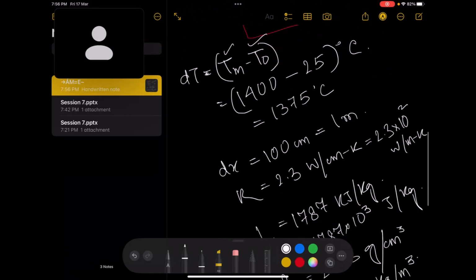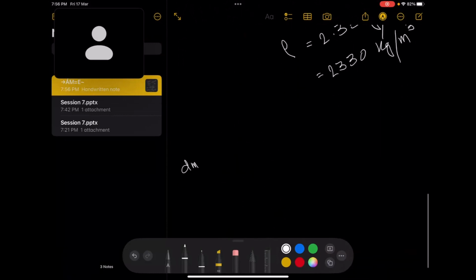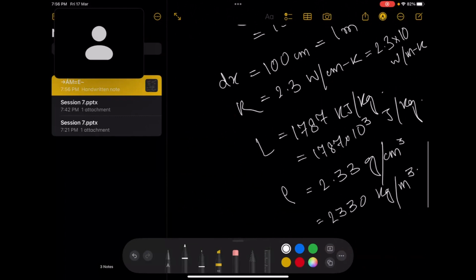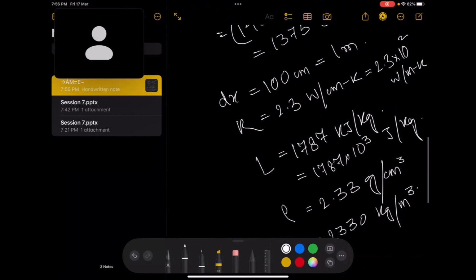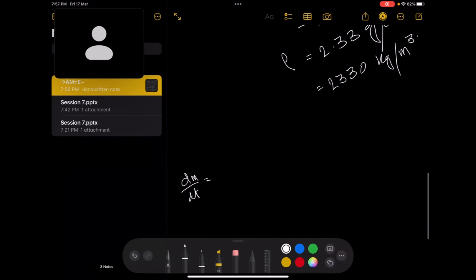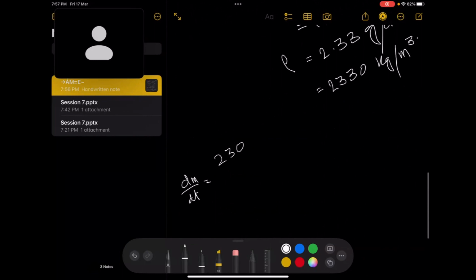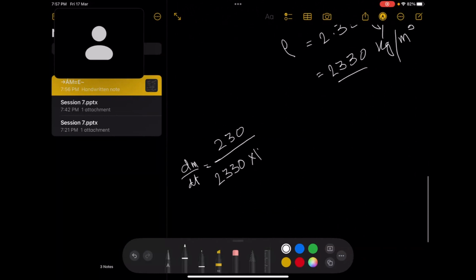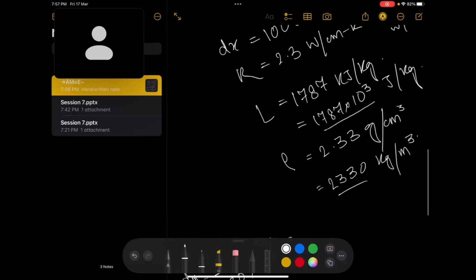So when you put all these things here, you get dm/dt being equal to k by rho L. K is your 2.3 into 100, that becomes 230 watt per meter Kelvin, divided by rho L. Rho is 2330, and your latent heat of fusion is 1787 into 10 to the power 3. What else is left? dT/dx.